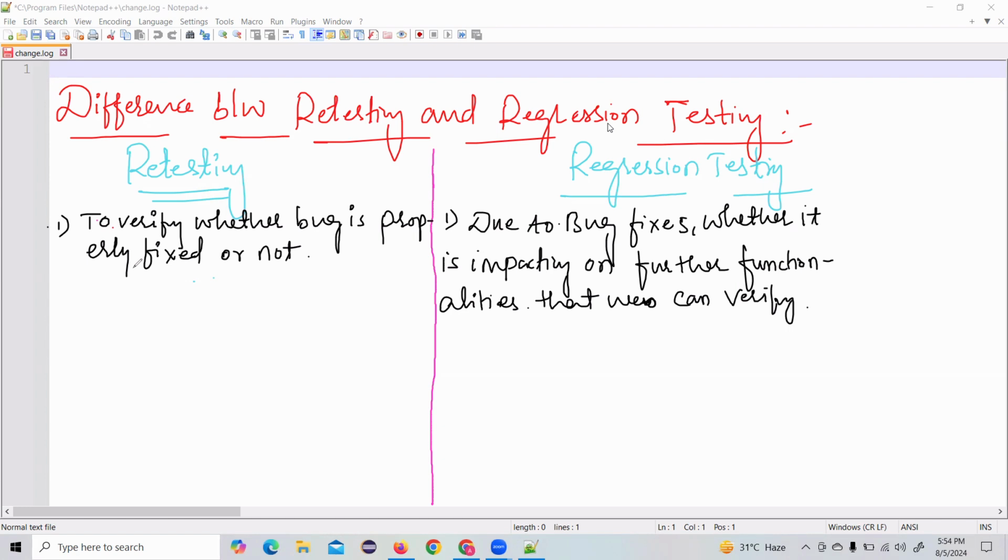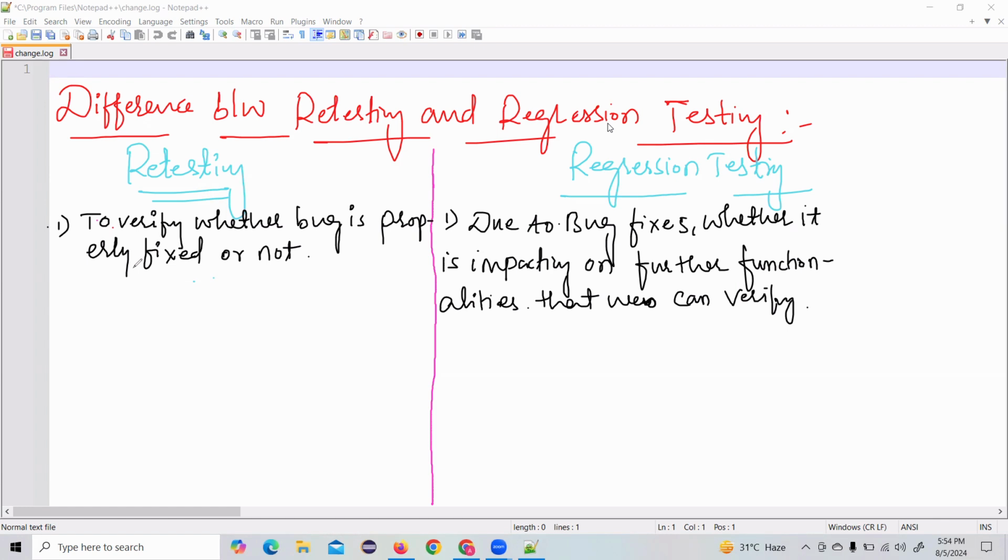As I told you, once retesting is done, then we can do regression testing. So during regression testing, am I finding any defects there? No. Why are we not finding defects? Because regression testing is done only to check the impact area analysis, or we can say the side effects.